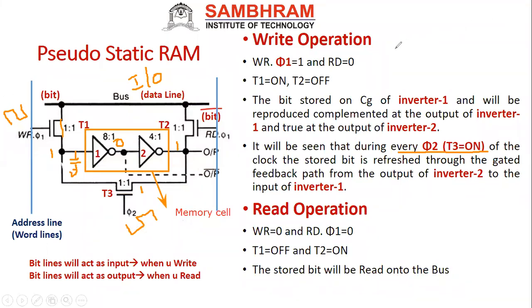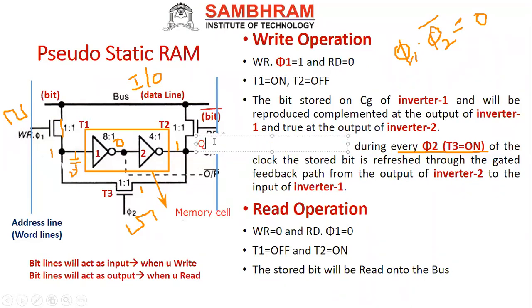As we know already, I'll recap once again: phi-1 AND phi-2 is equal to 0, two-phase non-overlapping. This is what you are following. Now in these two inverters, I can take the output from here.